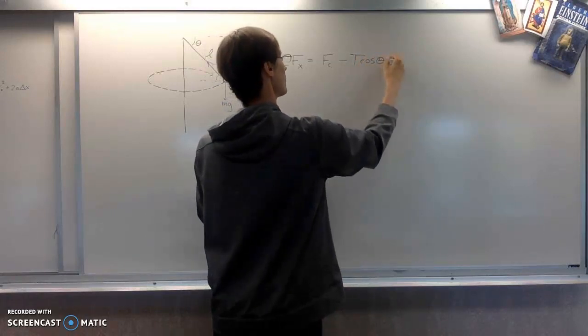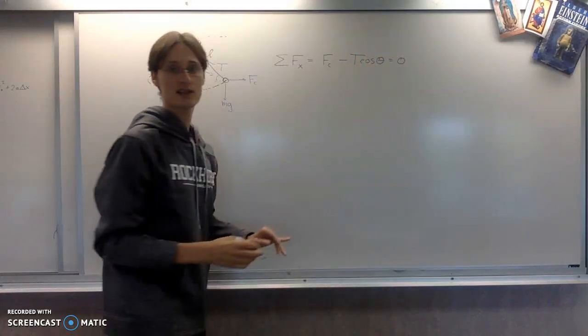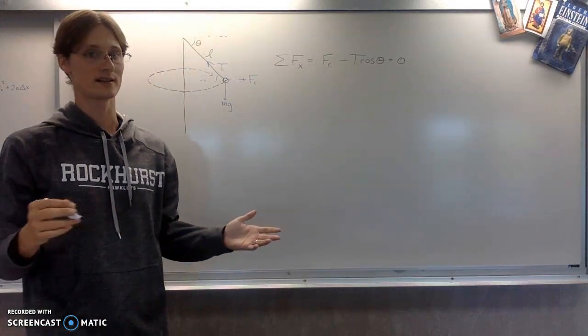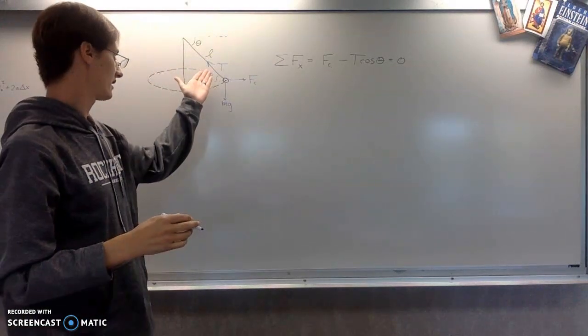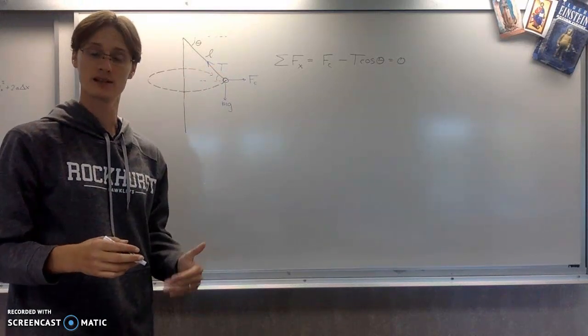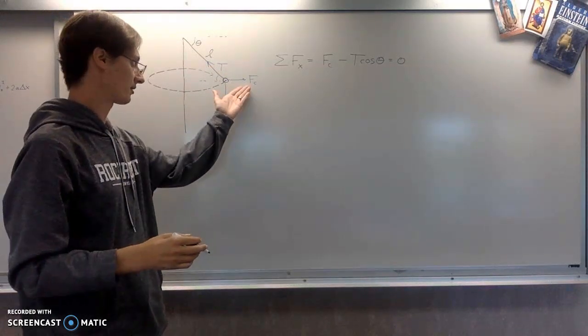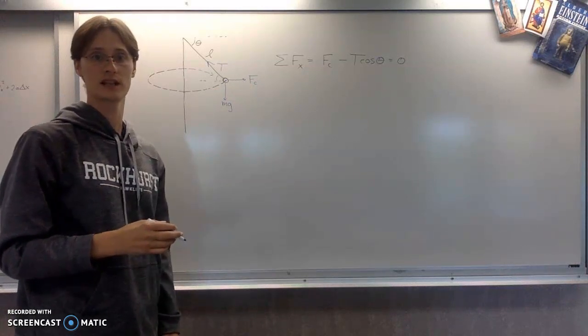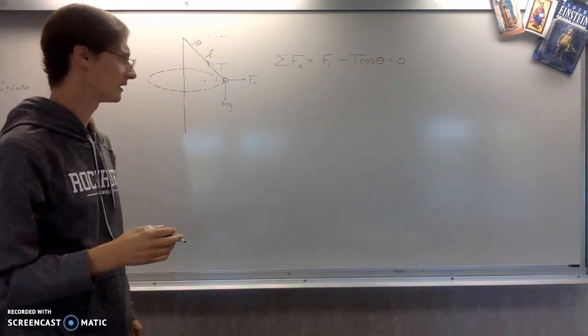All right, so please note a couple of things there. I can't just say centrifugal force minus the tension equals 0, because the tension is at an angle, right? It's only the x component of the tension that opposes the centrifugal force and keeps it moving in the circular path.